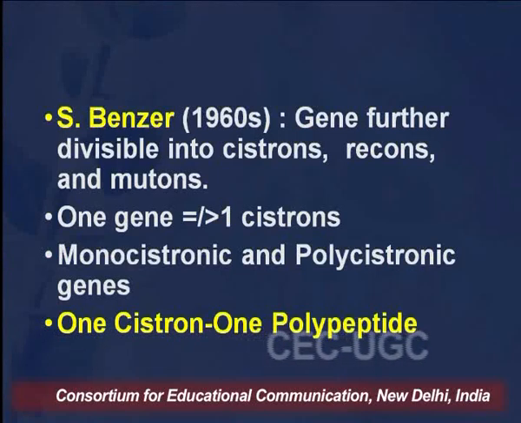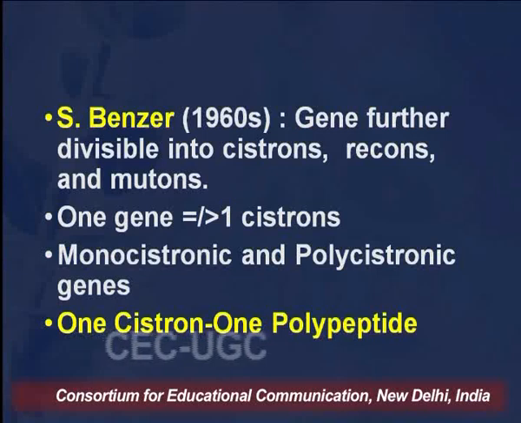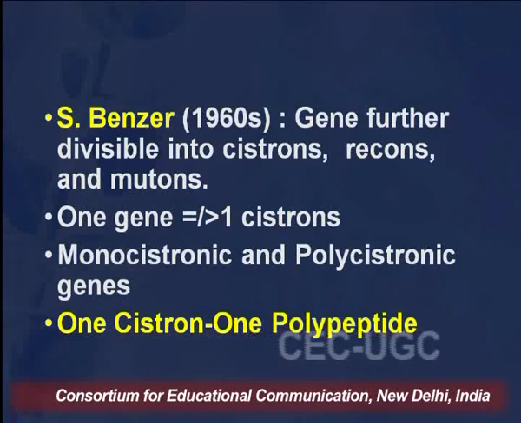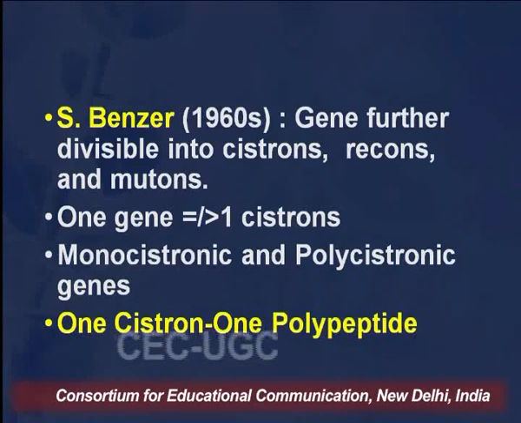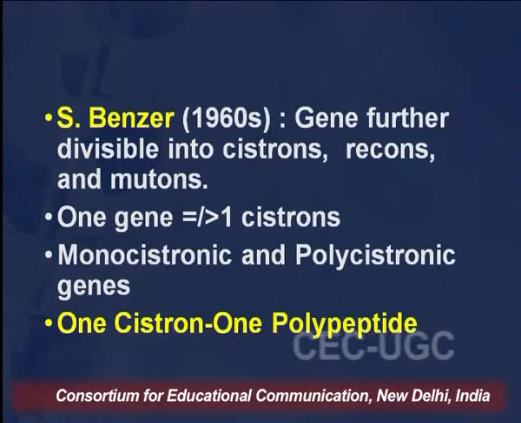By that analogy, one gene could be composed of one or even more than one cistron, on the basis of which came the concept of monocistronic and polycistronic genes. This needed an overhauling of the initial idea, and now the dictum became one cistron, one polypeptide. This is the current idea, which is of course open to further clarifications and modifications.